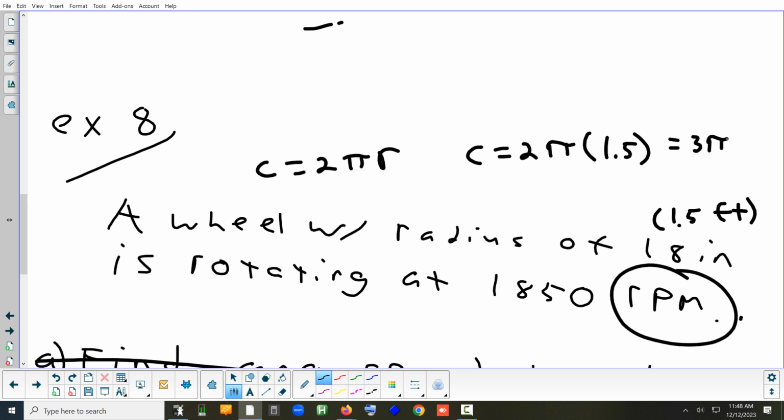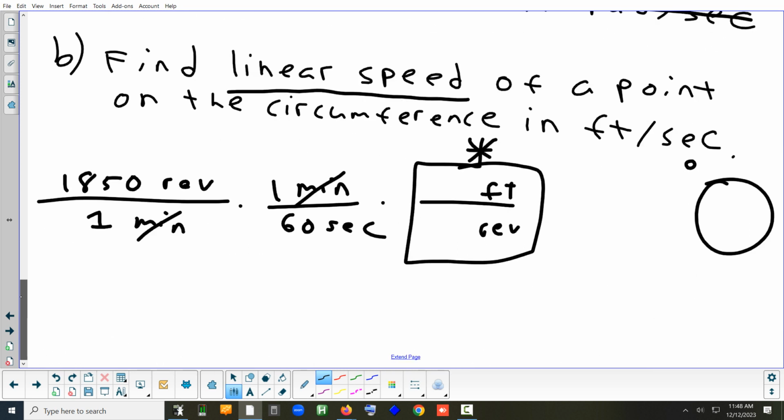So the circumference wouldn't be in radians because that's a distance around the circle. Feet. So what does that tell me? This tells me that there's what? A rev and a half. Yeah. There are 3 pi feet in 1 revolution. Yep. That's the circumference of the circle.